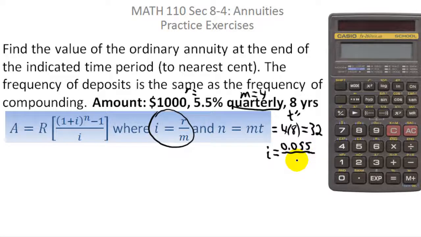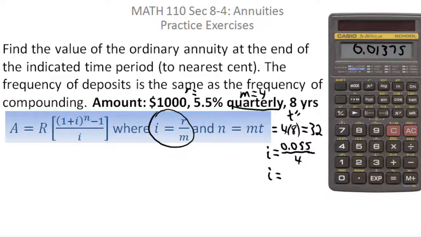And divided by M, which is 4. To calculate little I, we go to the calculator and enter 0.055 divided by 4 equals, which gives us 0.01375 for I, and I'll write that down.